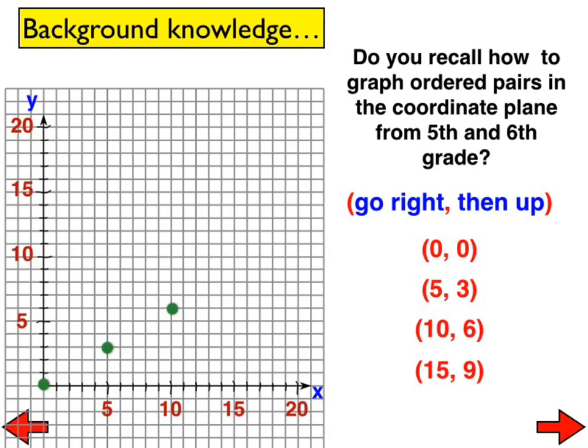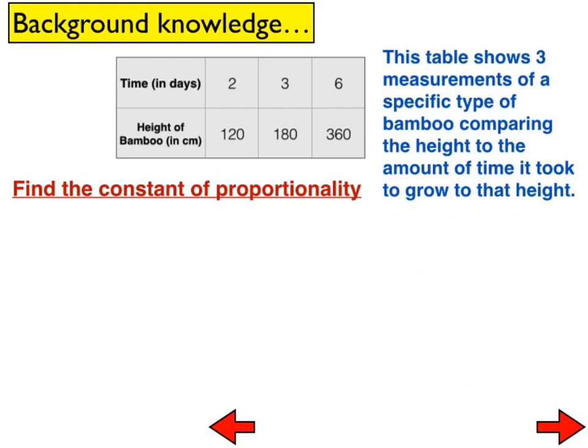Okay, there we go. So right 15, up 9, which is right there. And like I said, these are all already plotted for you in your notes because we're going to use those in just a second. So that's a quick review on how to plot ordered pairs. Go right, whatever the first number is, then go up, whatever the second number is, because we are restricting this to the first quadrant.